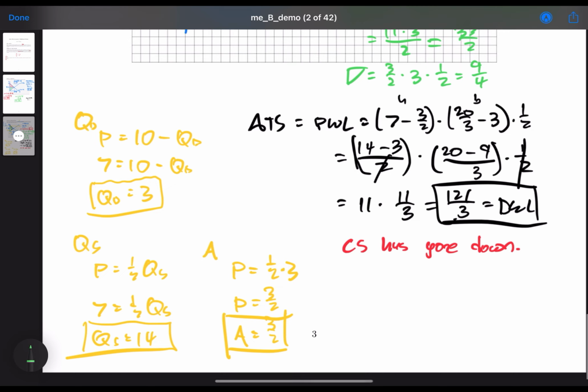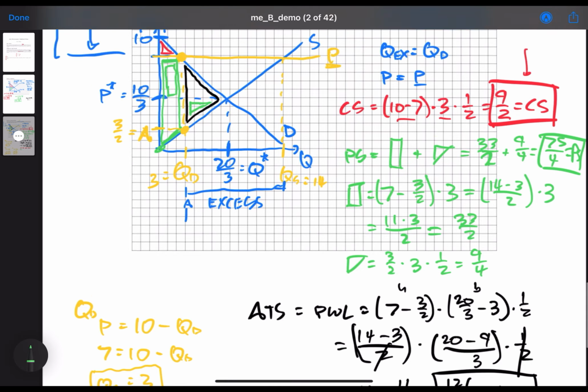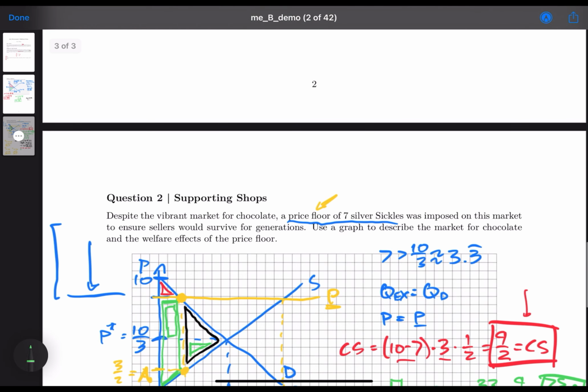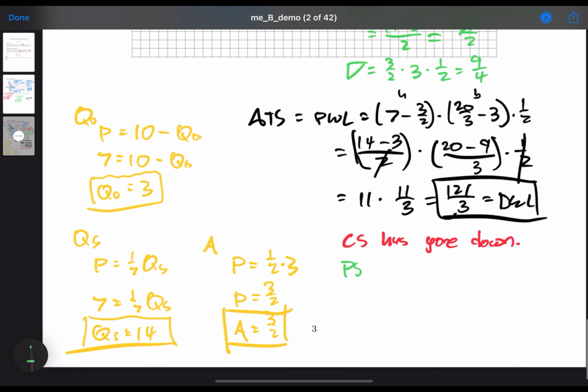So let's look at producer surplus. Producer surplus before was 100/3, and now it's 75/4.